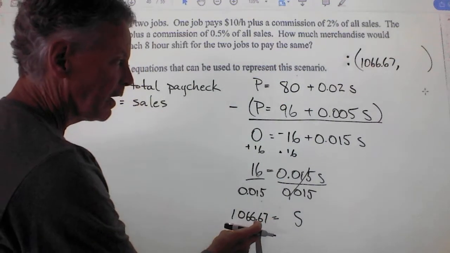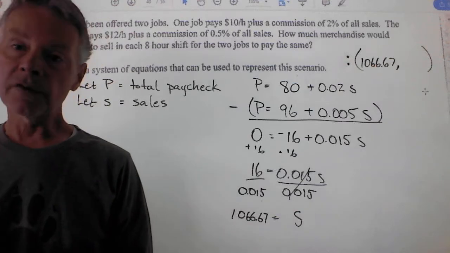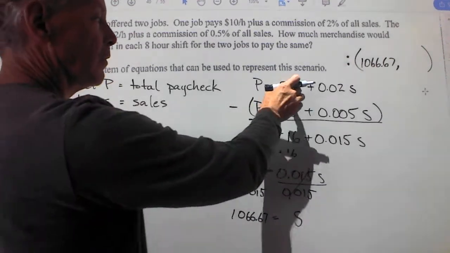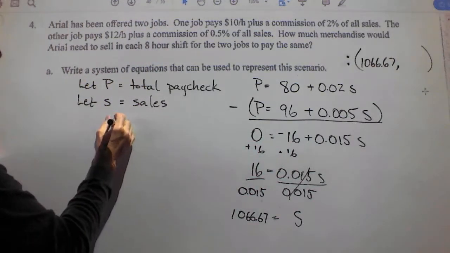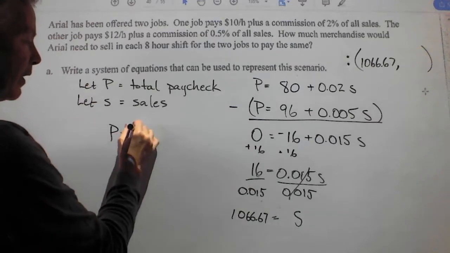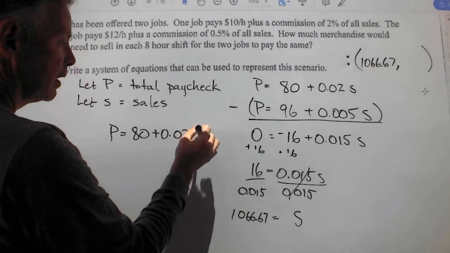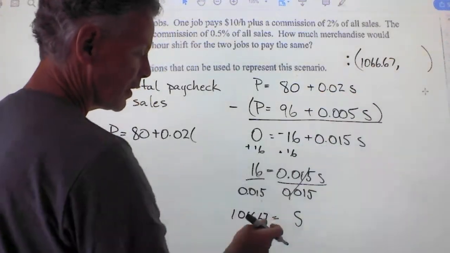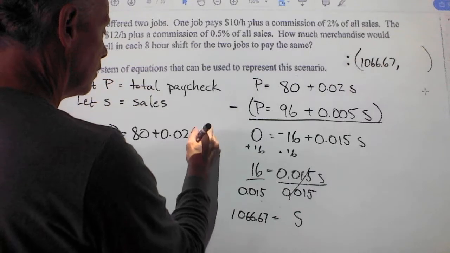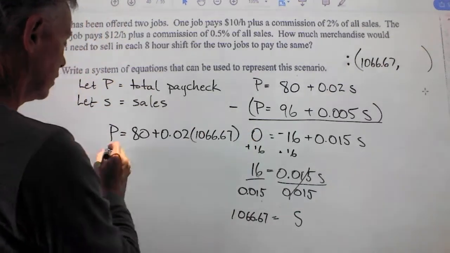Take your value for S, sub it back into one or the other of your equations, it doesn't matter which, and that is how you get your value for P. So we're going to use this first equation, P equals 80 plus 0.02, and where we have S in this equation, we're going to sub our value for S, 1066.67.